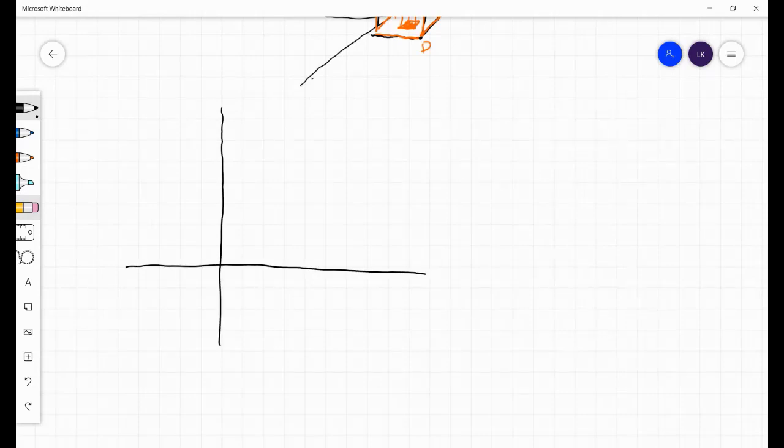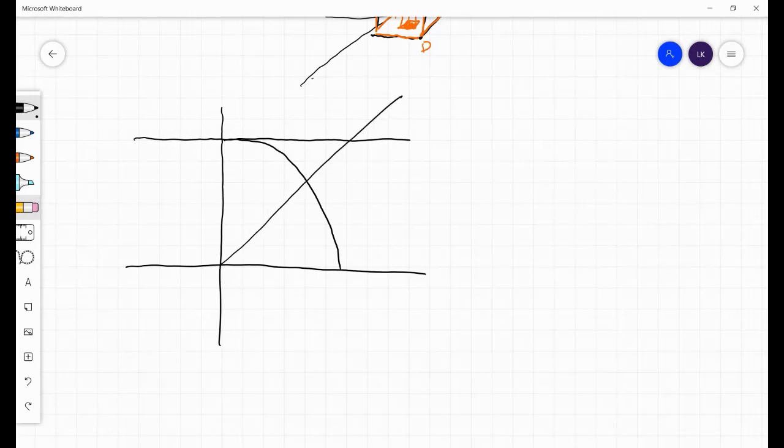Yeah, polar coordinates, that's right. So we have a region in the xy plane, kind of not the nicest region. What would the corresponding region be in the, say, r theta plane?